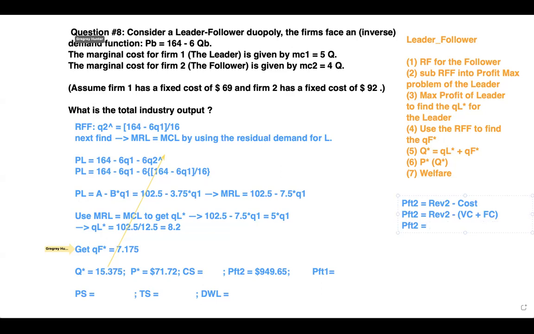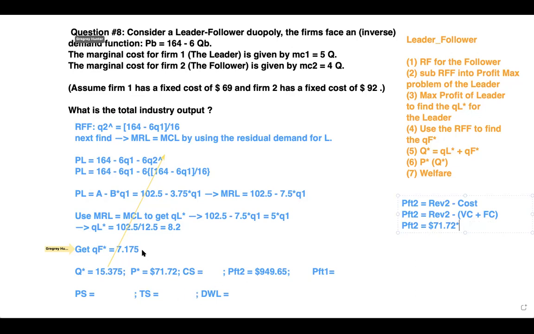Michael Quintana, for the revenue for firm 2, did you use the price, which we said was somewhere around 71.72? I forget if 71.75 was one of the answers we proposed. It's 71.72 times the quantity that firm 2 is producing.